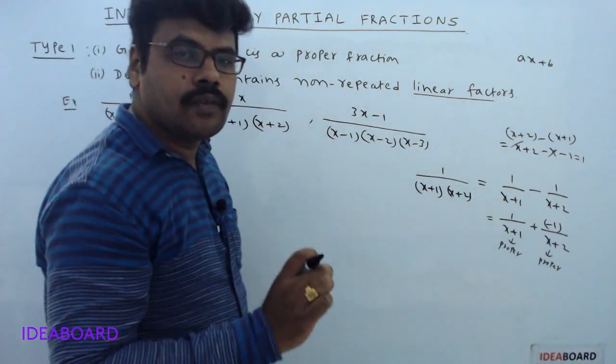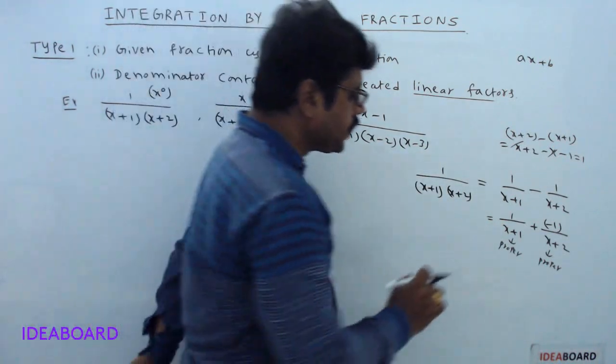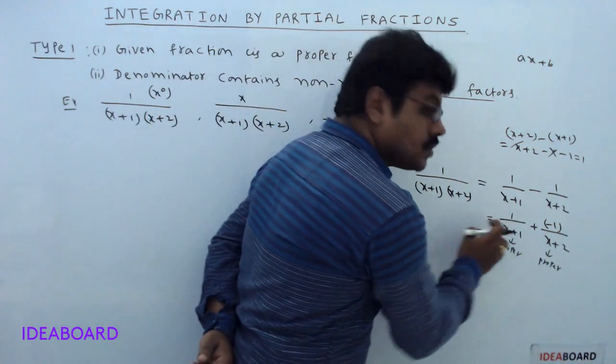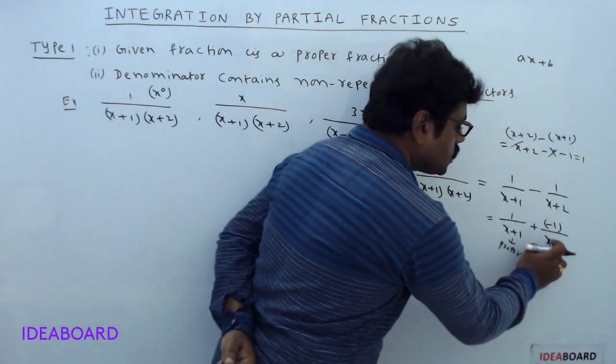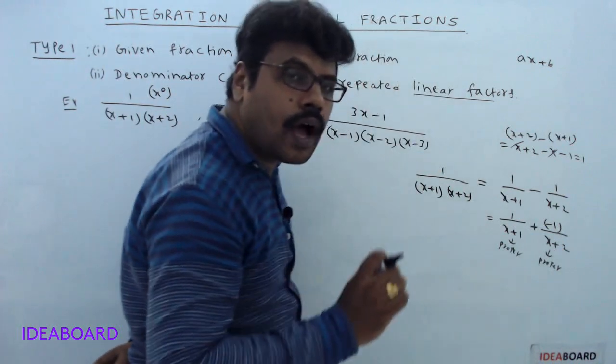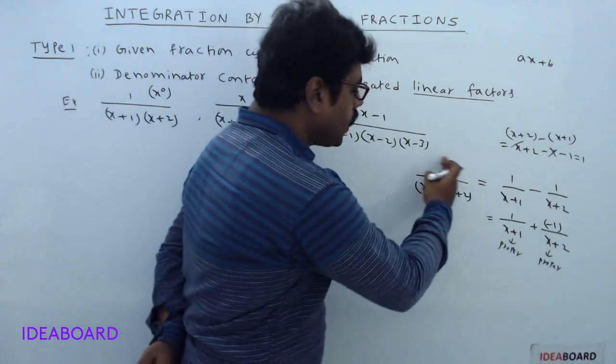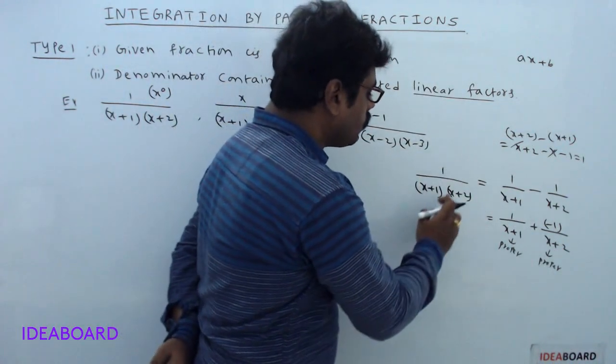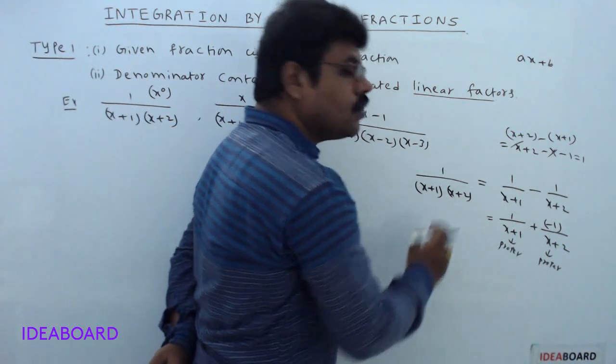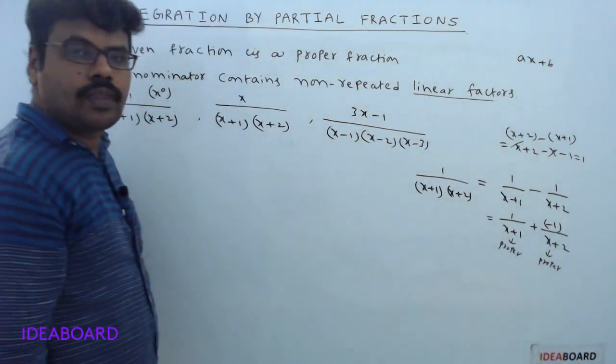So, from the definition of partial fraction, here 1 by (x plus 1) and minus 1 divided by (x plus 2) are called partial fractions of 1 divided by (x plus 1) into (x plus 2).